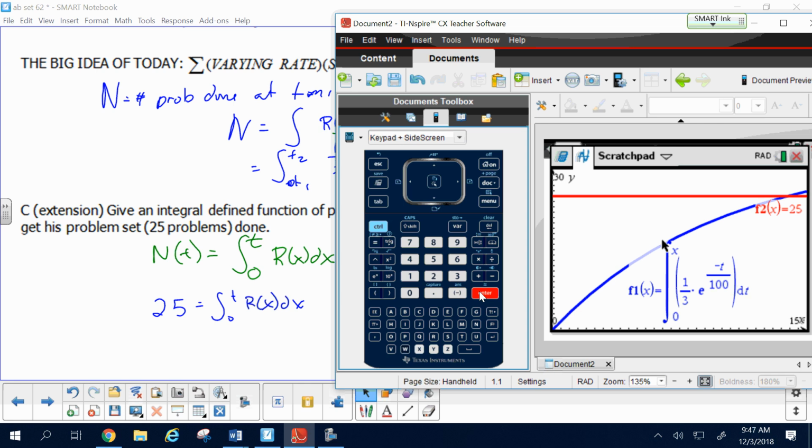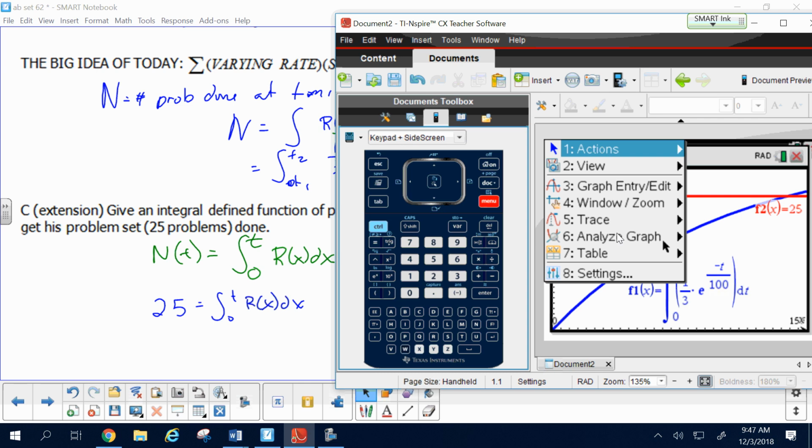So I changed my window to 0 to 150 on x, which is minutes, and 0 to 30 on y, which is problems done. I didn't do it at 25 because I wanted to see the 25 inside the window, not at the top. You with me? All right. So now, to find that solution, how do we find it?